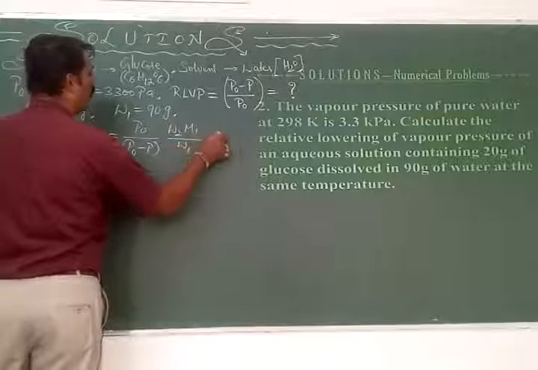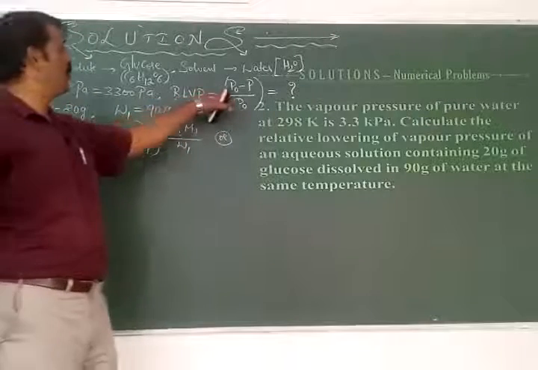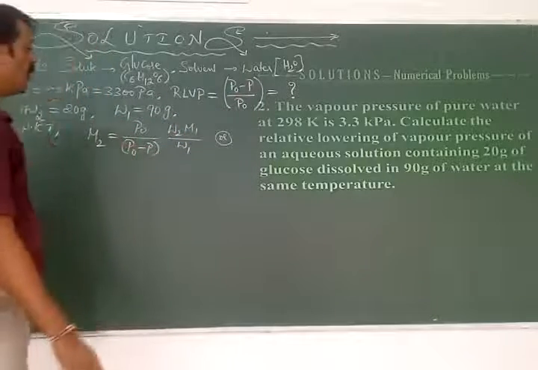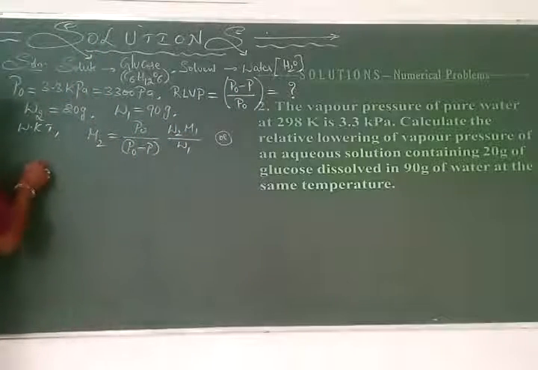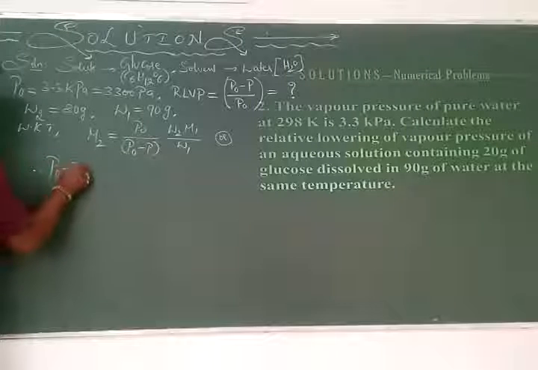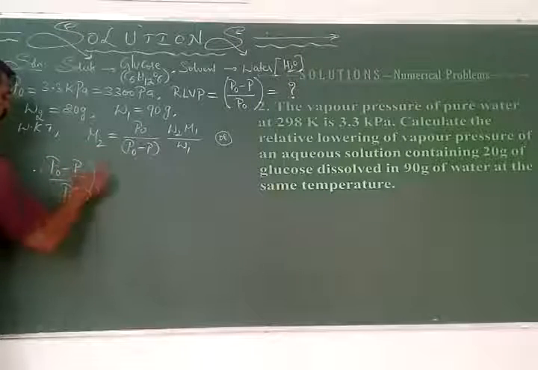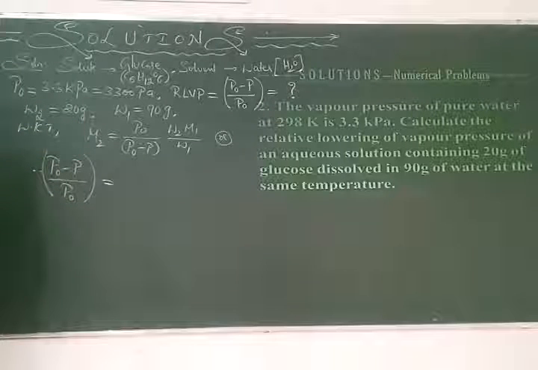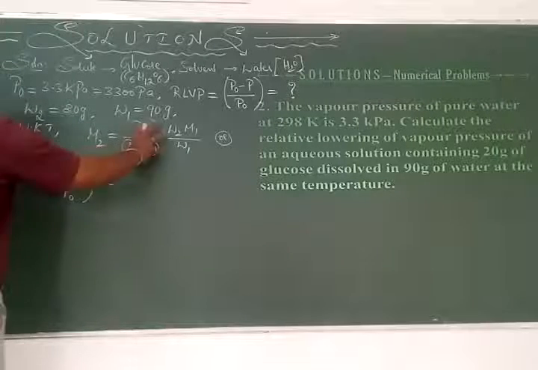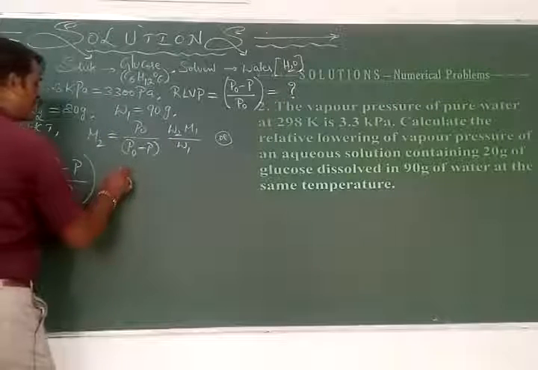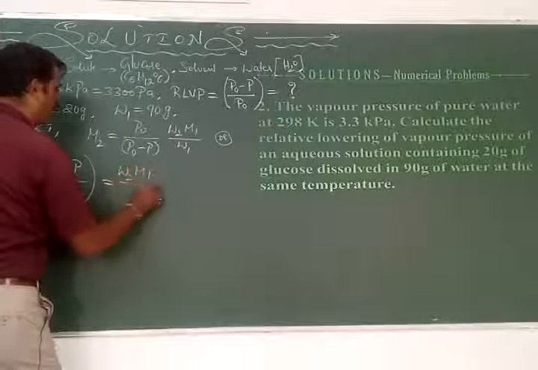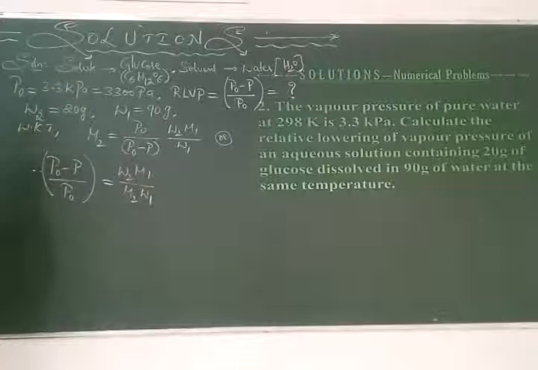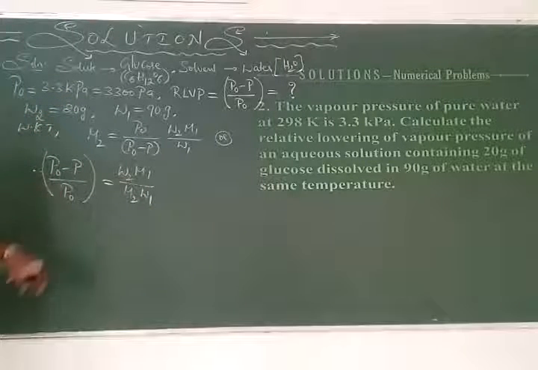But what I actually need is P naught minus P divided by P naught, which is called RLVP, the relative lowering of vapor pressure. So if I put it here, it becomes W2 M1 divided by M2 W1.